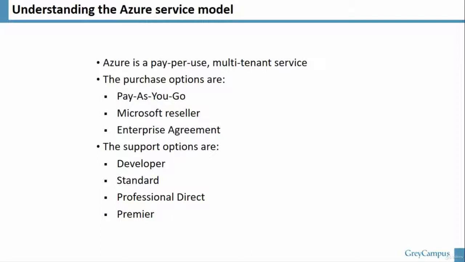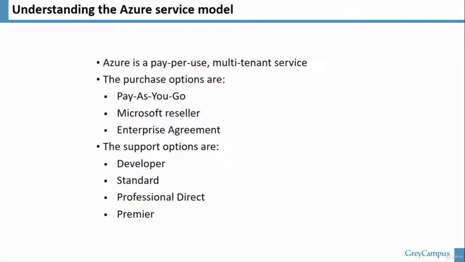The Professional Direct plan is designed for organizations that depend on Azure for business critical applications and services, and it includes everything in the standard plan in addition to basic advisory services, pooled support account management, escalation management, and a minimum response time of less than 1 hour. The last support option is Premier, which is the highest level of support. It extends to all Microsoft products, including Azure.